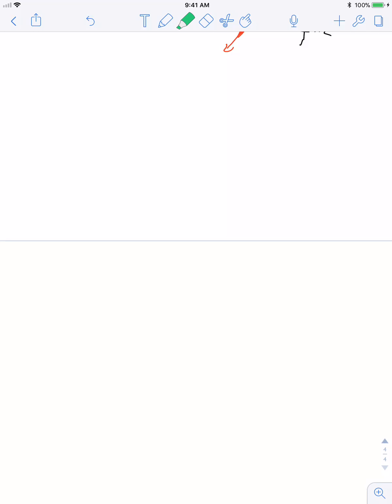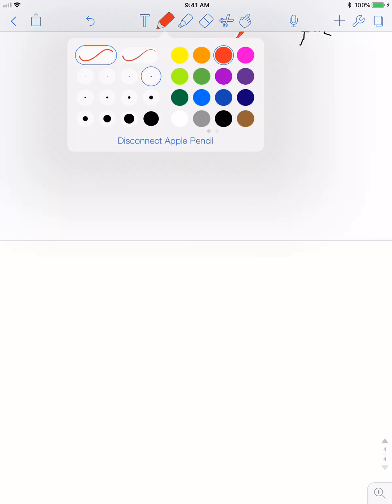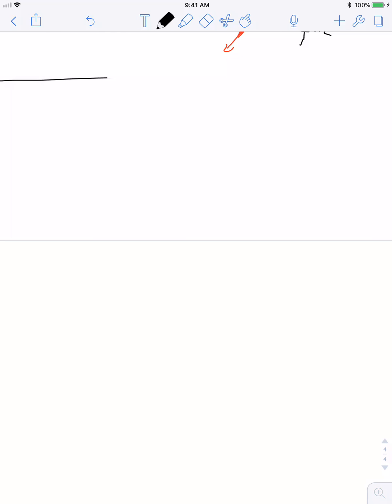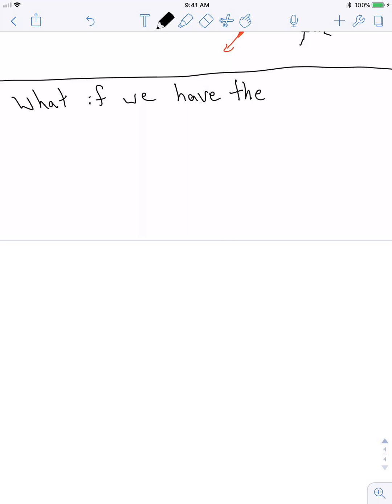So now we know how to take an equation and make the graph out of it. But what if we had the opposite? What if we have the graph and we want to find the equation?